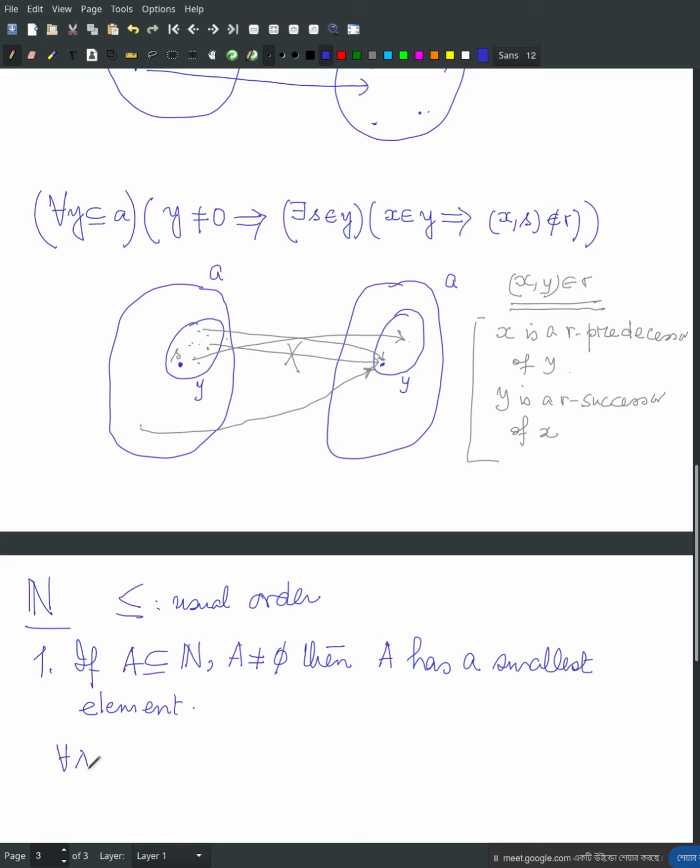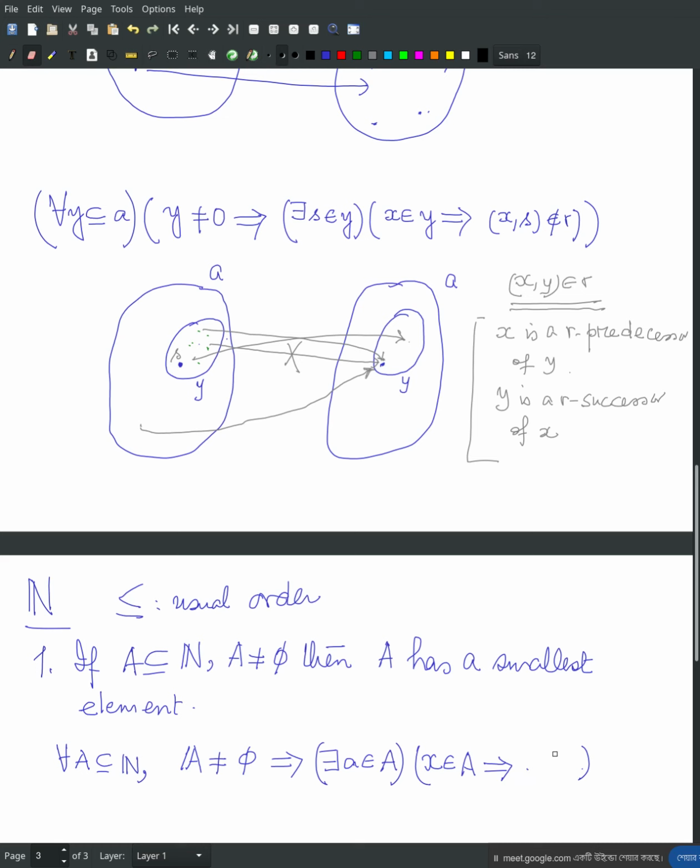For all A subset of N, the moment A is non-empty, there exists an a from A such that for all x in A, we usually write this in our usual way: x is not less than a.